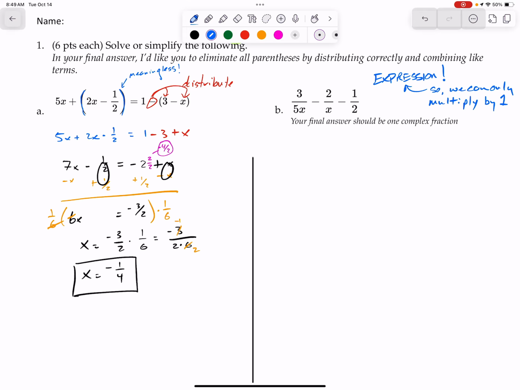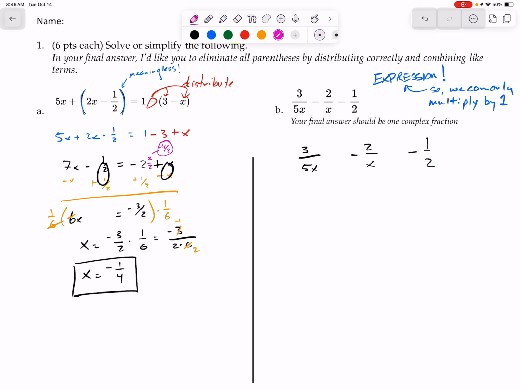Just trying to get rid of the message, and I tapped on it accidentally. So we can only multiply by 1. So I'm going to rewrite this down here. Give myself some room. 3 over 5x minus 2 over x minus a half.